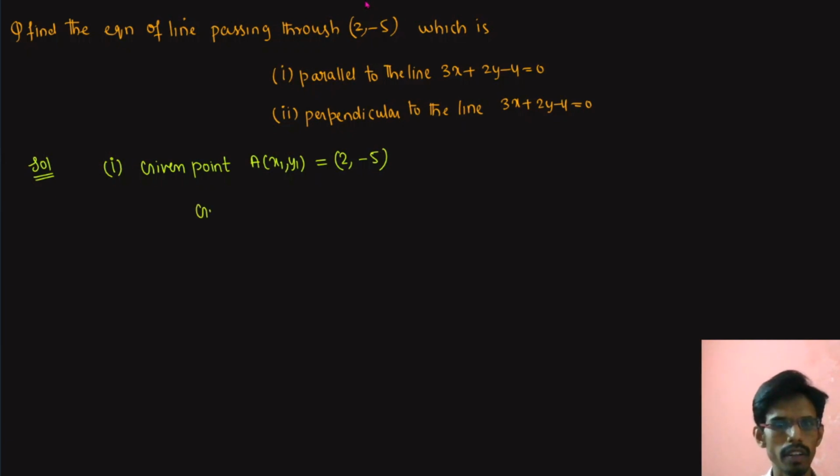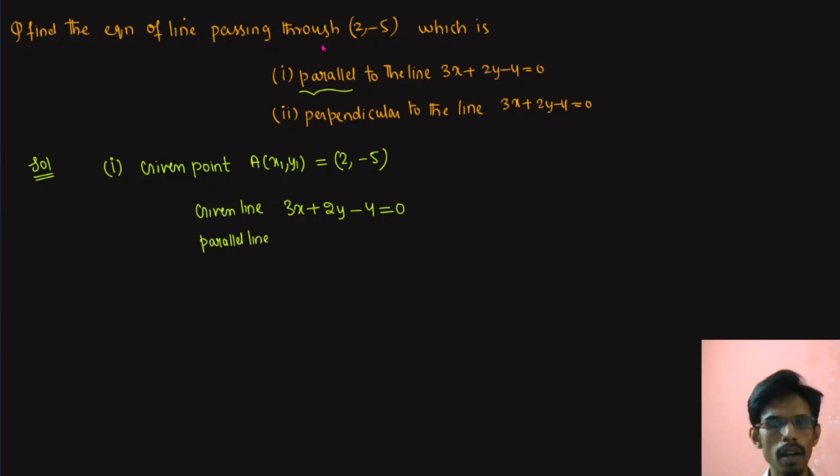Given line, we have 3x plus 2y minus 4 equals 0. Just now we have seen we want a parallel line. Okay, this is the given line. A parallel line will have the same slope.